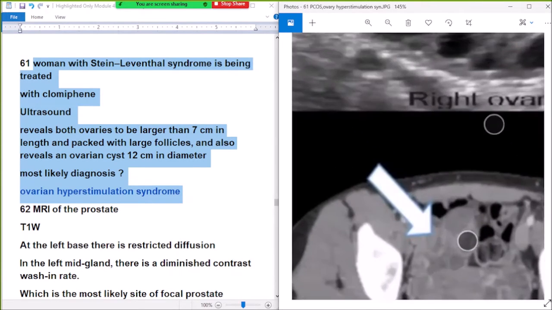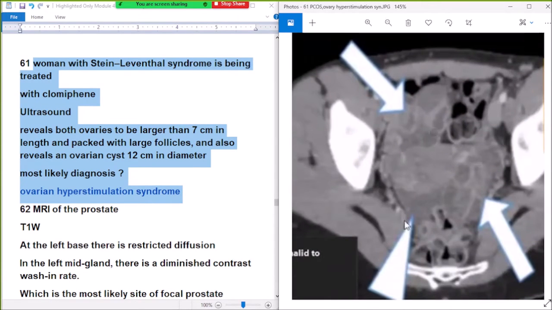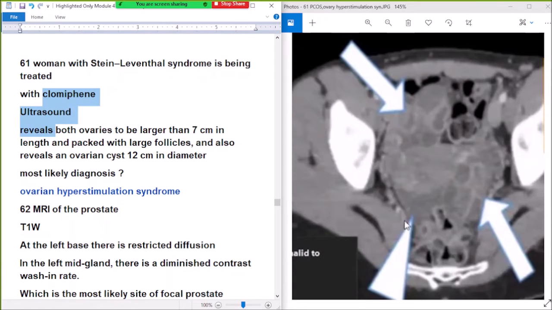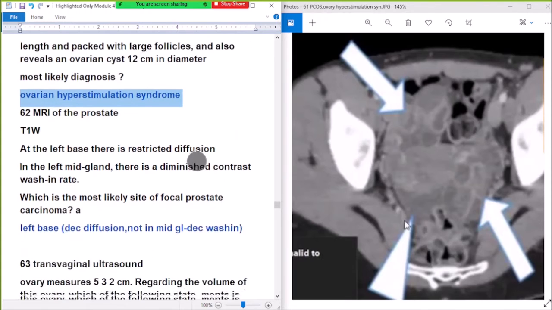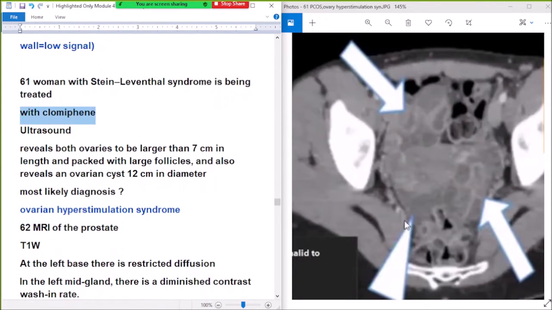But in ovarian hyperstimulation syndrome, there are multiple follicles of different, irregular sizes. Diagnosis: ovarian hyperstimulation syndrome. It is caused by estrogen drugs.